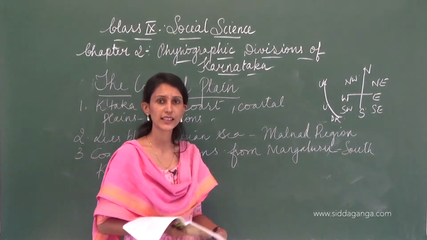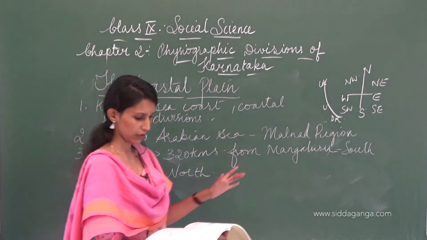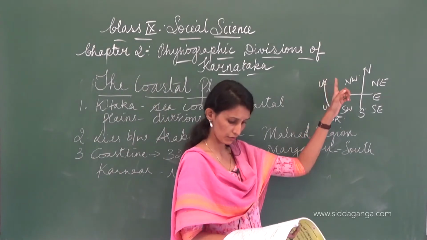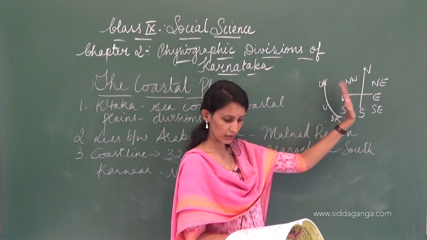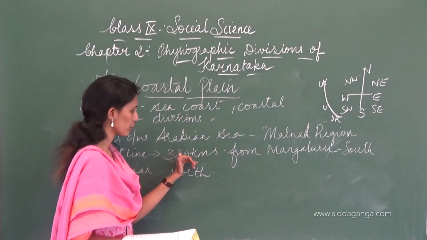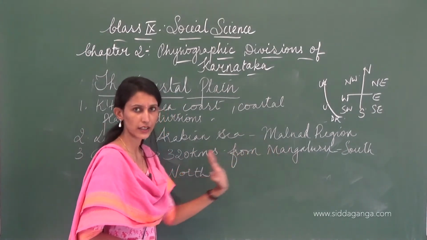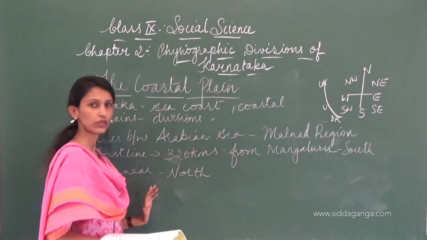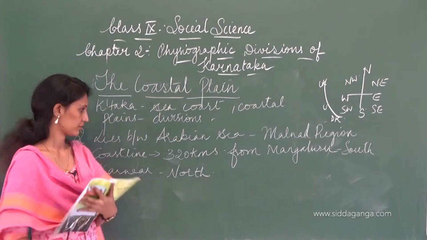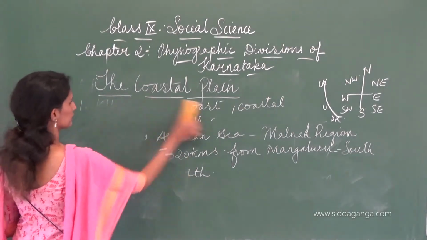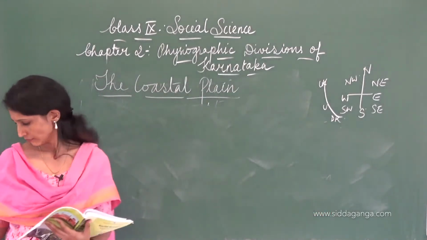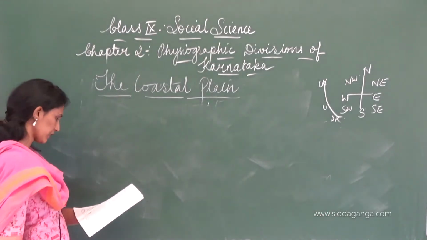Go to the previous chapter, see the map of Karnataka. Mangalore is Dakshin Kannada, here, to Karwar, Uttar Kannada, that side on the top. It is extending 320 kilometers from Dakshin Kannada till Uttar Kannada, that is Mangalore to Karwar. We will see what is there next.